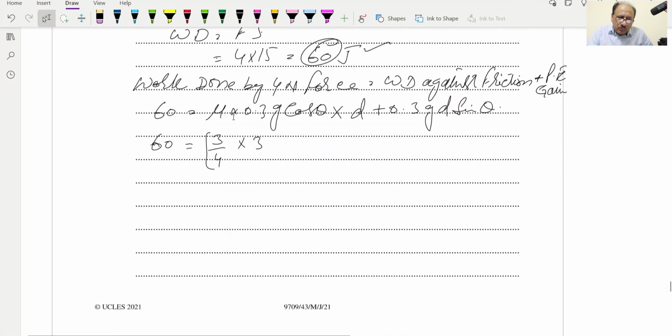Mu is 3 by 4, into g, which is 10, and 24 by 25 will be cos theta, and d value we can take common because it is in both, so we can write it outside, and plus mu into g into sine theta, which is 7 by 25, and d value outside.